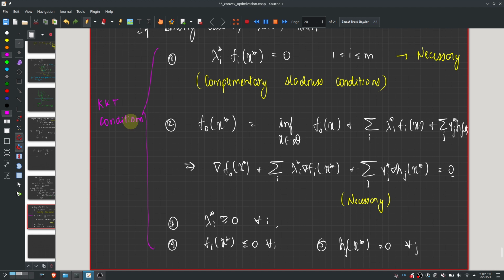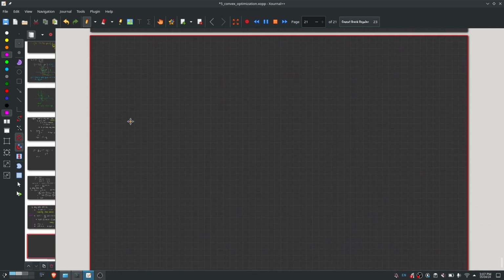We saw a couple of examples where we tried to get closed form expressions for the minimum, kind of the water filling solution, as well as minimizing the entropy and so on. But in practice, you don't really try to get closed form expressions for the solution. For most problems, you cannot do that.